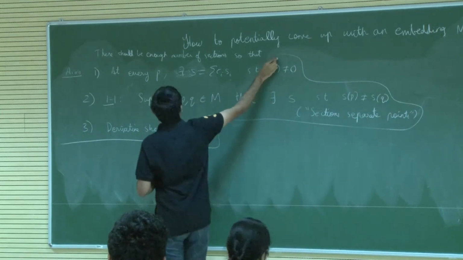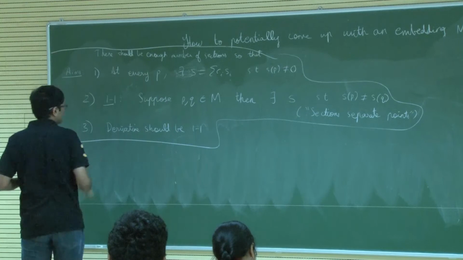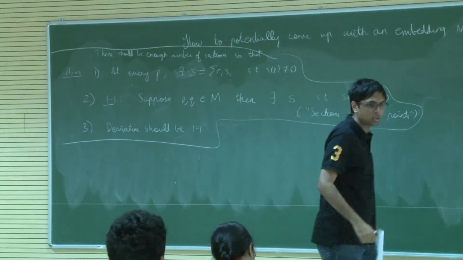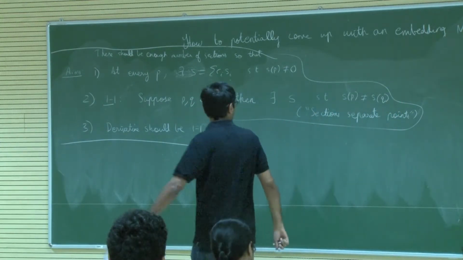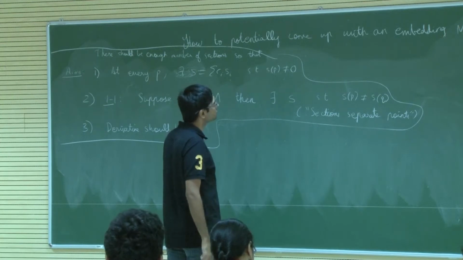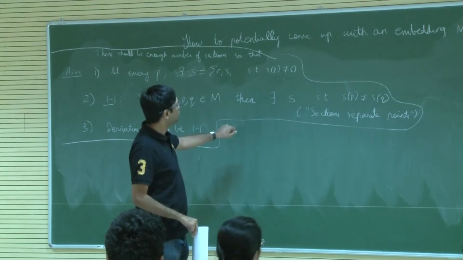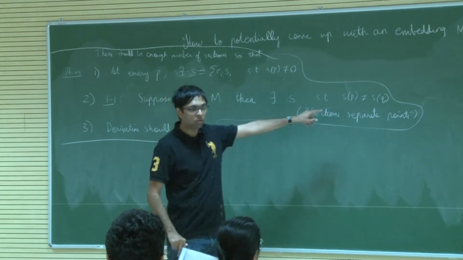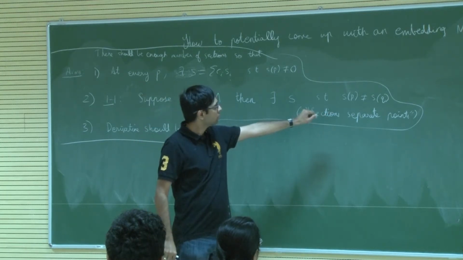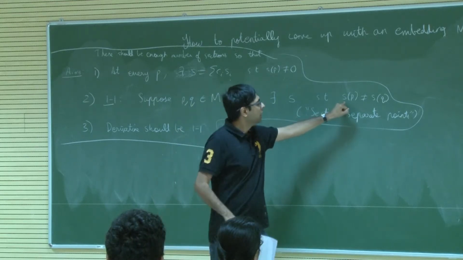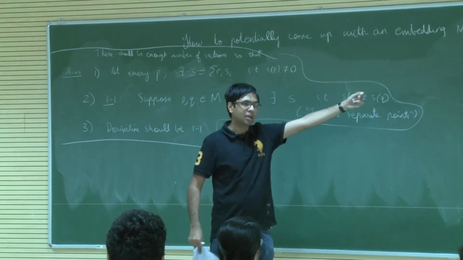So let's erase everything. Sorry? What do you mean, S of Q? Well, if you wish, abstractly there's a map to a manifold, right?